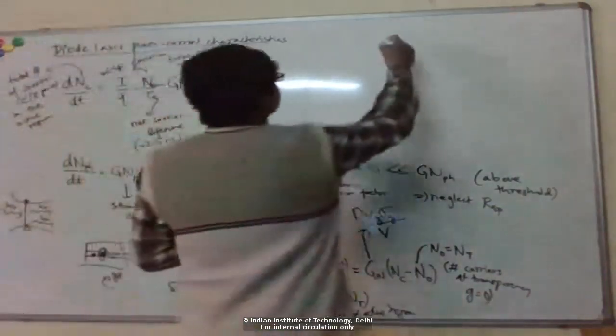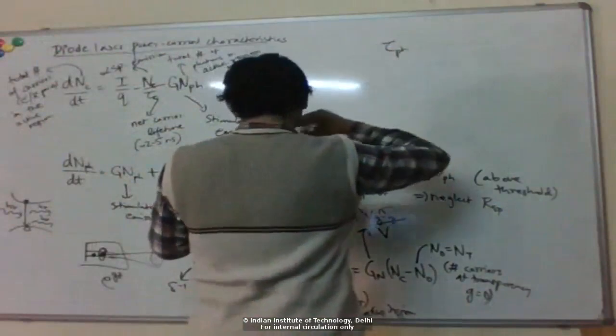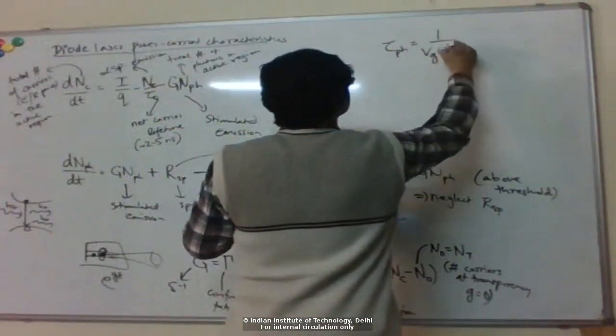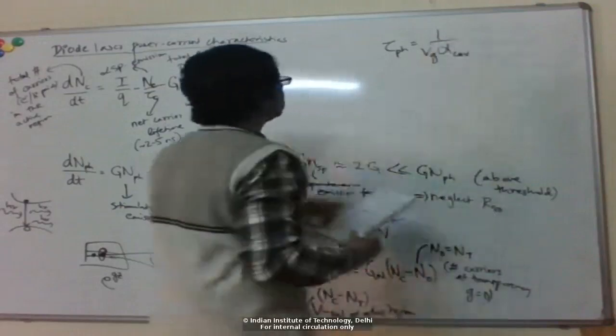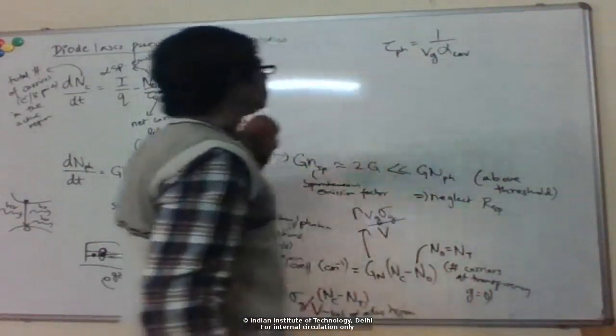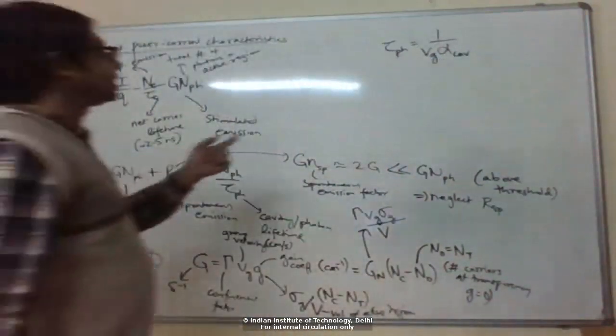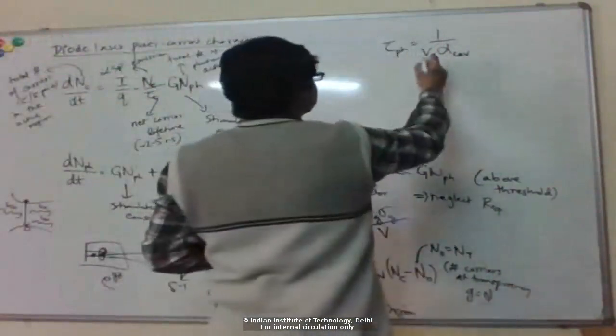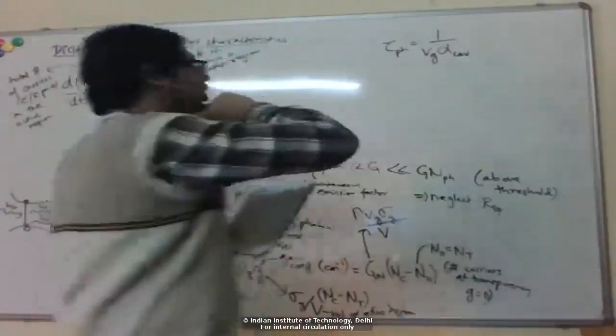So, more precisely, I can write this photon lifetime as inversely proportional to the loss rate of the cavity, alpha, or loss coefficient of the cavity, alpha subscript cavity, times the group velocity of the photon.